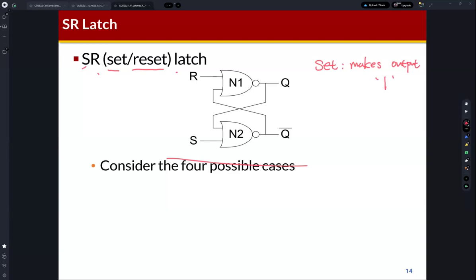We frequently use the terminology set or reset in this course. Reset, we frequently use the word because sometimes we need to reset our smartphone, rebooting actually. Reset means it makes output zero.